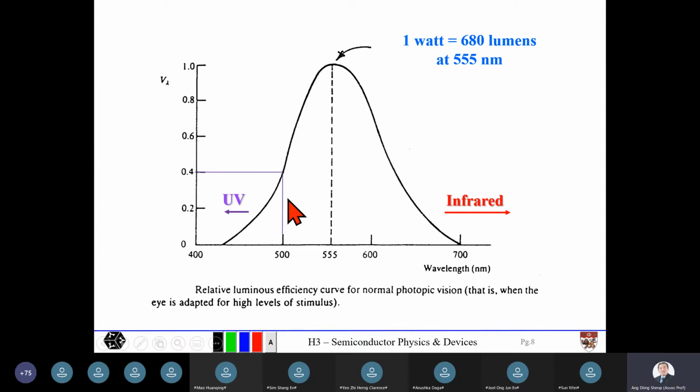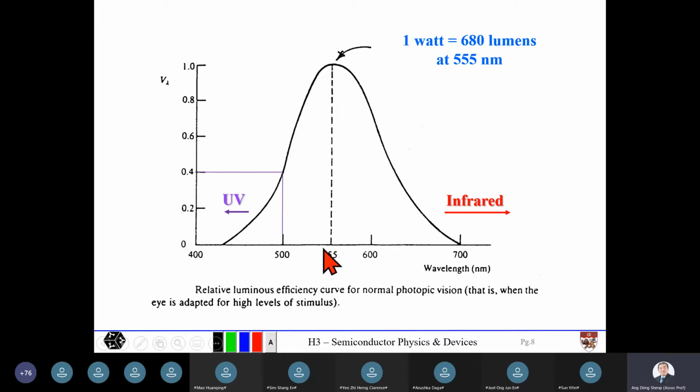Below this wavelength, you go into the blue and ultraviolet region, and the human eye is less sensitive to blue light at the same amount of energy. 1 watt of blue light will appear dimmer than 1 watt of green light. So this is the meaning of the standard luminosity curve.